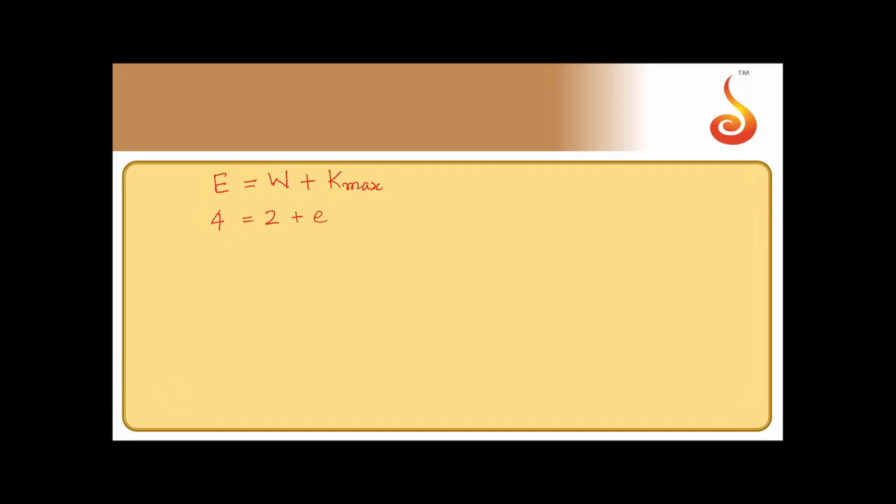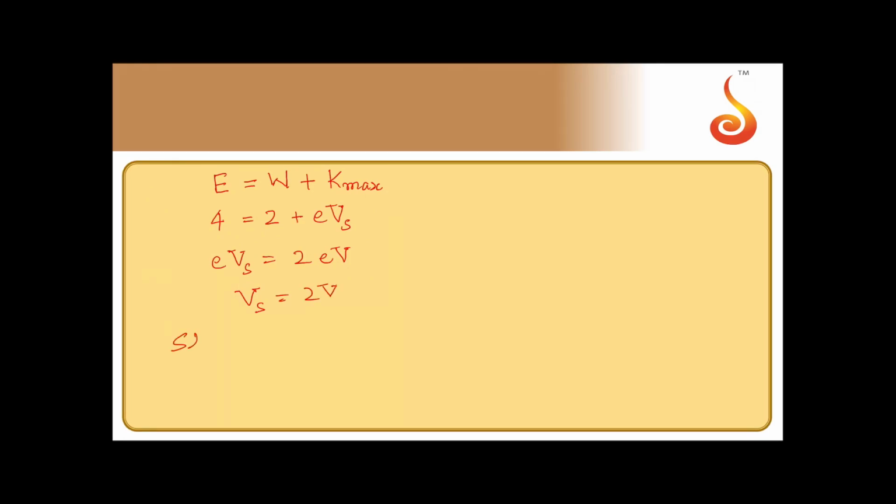So kinetic energy you can write as E into Vs, where Vs is stopping potential. Now E into Vs is equal to 2 electron volt. So Vs will be equal to 2 volt.